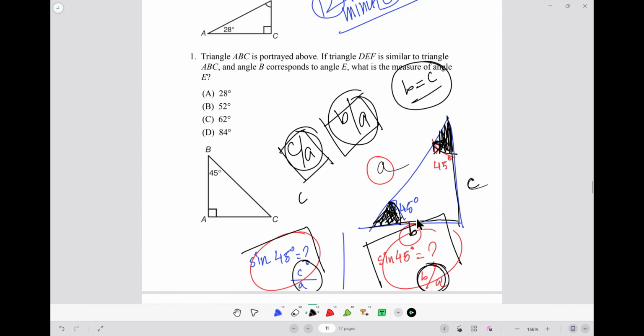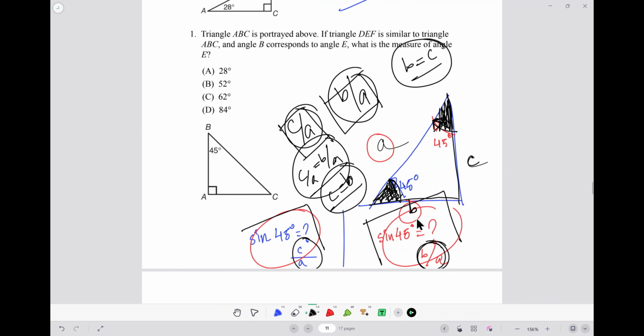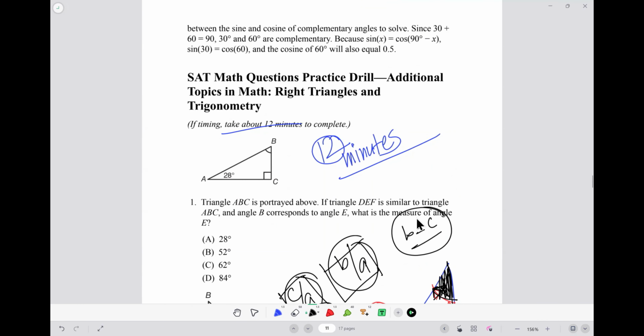So what is C by A? That is also B by A. It doesn't really have any change of values, so they're identical. It means that this sine 45 and this sine 45 are the same.